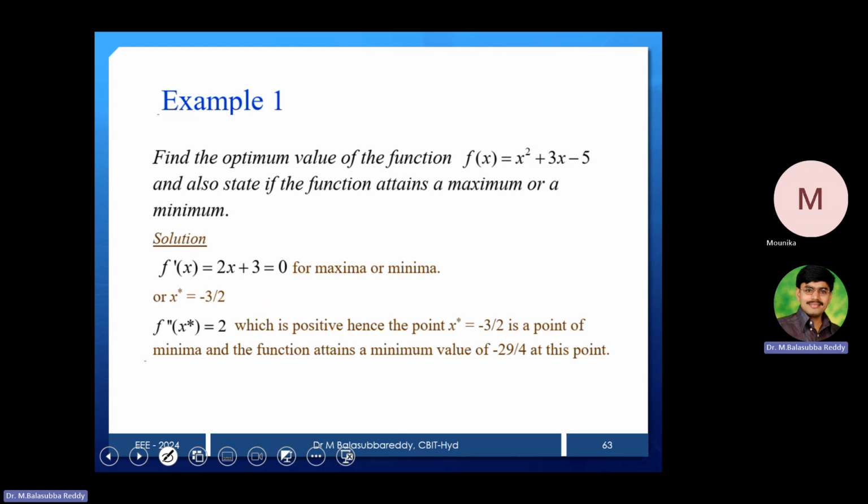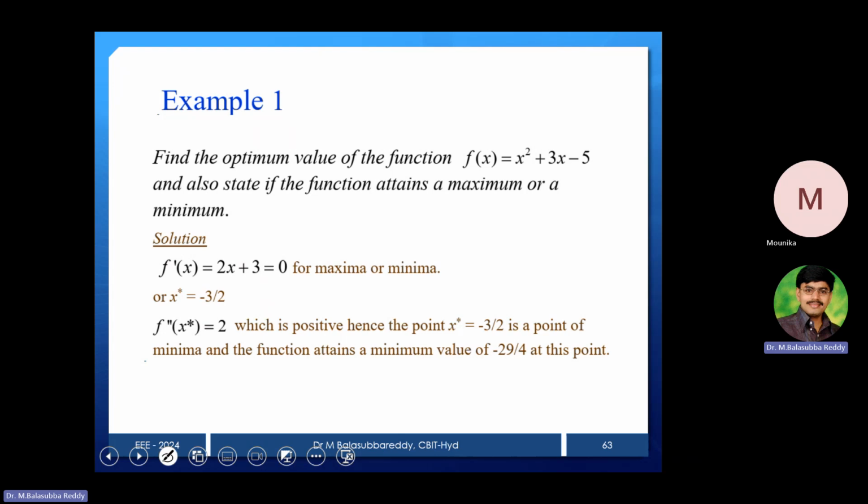What we need to do is state if the function attains a maximum or a minimum. If you understand the previous slide, we can easily say whether it attains a maximum or a minimum value, because I mentioned two things: f dash of x is equal to 0, and f double dash of x is less than 0 in one case and greater than 0 in the other case.